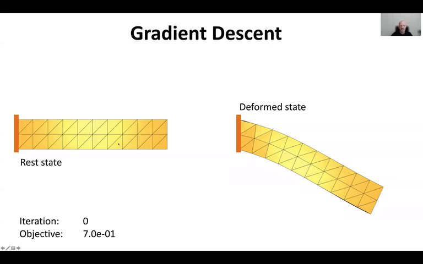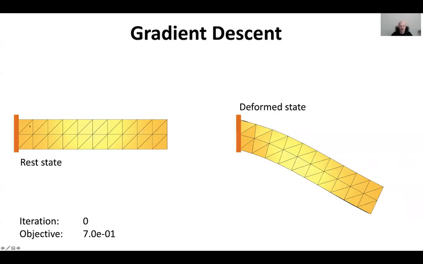It's again this simple didactic example that we've been looking at before, just that now we're really doing simulation. And that might not be immediately visible here, but this is now a 3D simulation with a slightly larger mesh. But the idea remains the same. We're solving a static equilibrium problem. Everywhere in every node, we have an applied force, it's just gravity. At the left-hand side, we're fixing the simulation mesh.